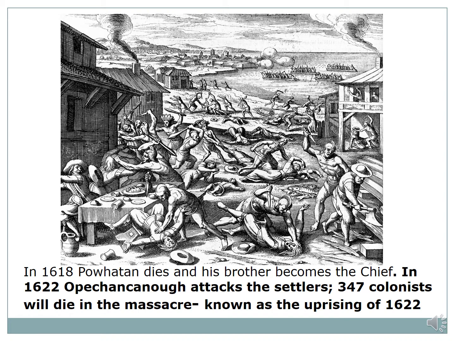The Uprising of 1622 is important because it is going to change the nature of the colony at Jamestown and the nature of the colony in Virginia. This originally was a private venture. It was a joint stock company, so it was owned privately, but it was also claimed for the King of England.